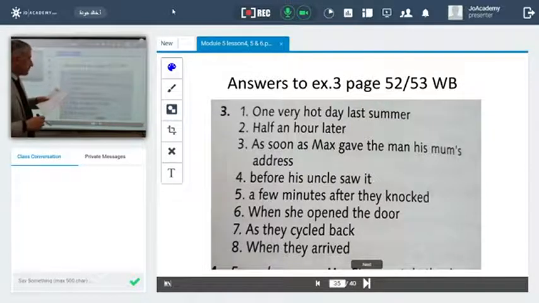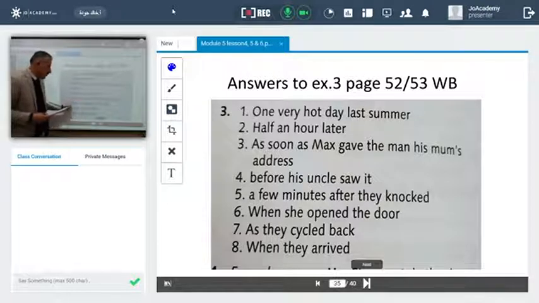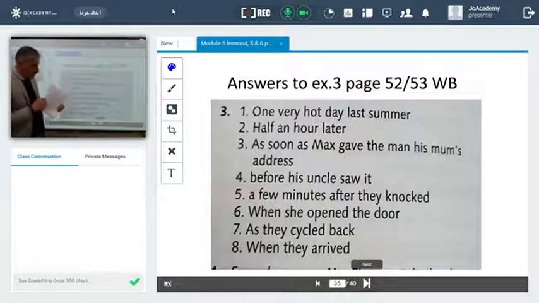As soon as Max gave the man his mom's address, before his uncle saw it, will be in number 4. A few minutes after they knocked, will be in number 5. When she opened the door, will be in number 6. As they cycled back, will be number 7. And number 8, when they arrived. So number 8 will come here. When they arrived, you fill it in that gap.